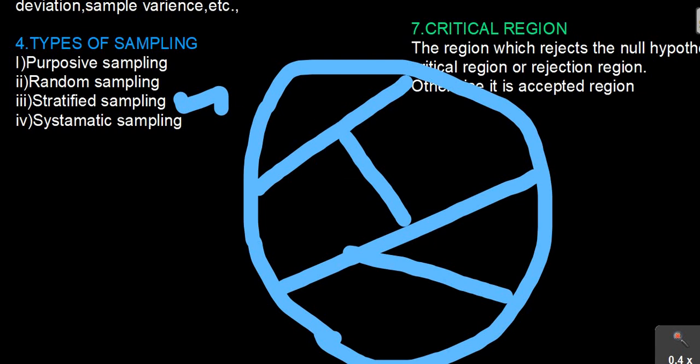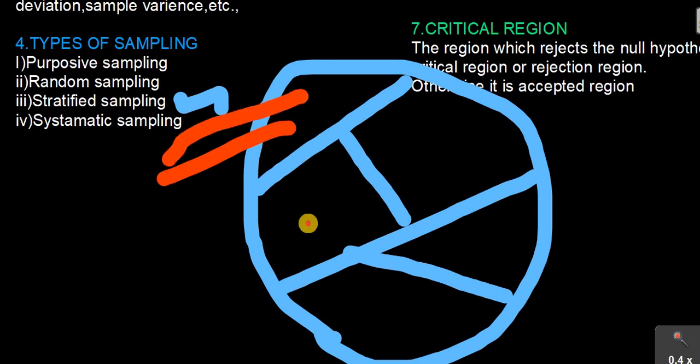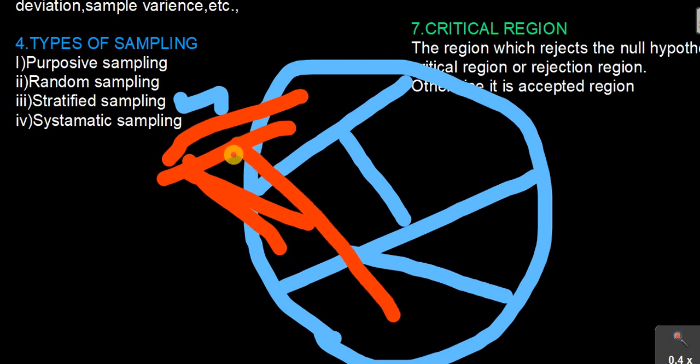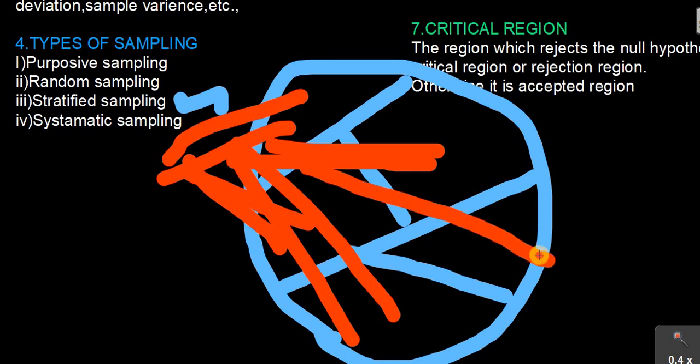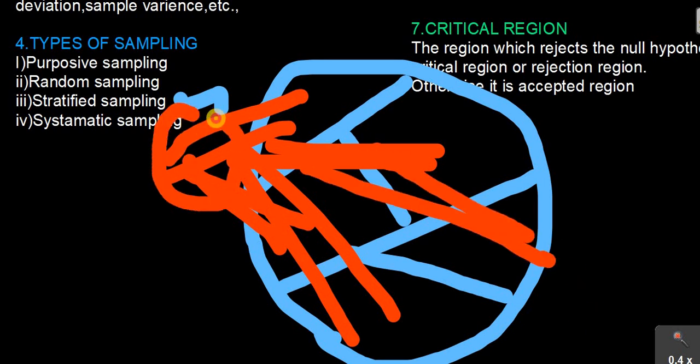Then from each division I am taking samples, from these two items, from these two items, from these two items, to make a small sample from the population.